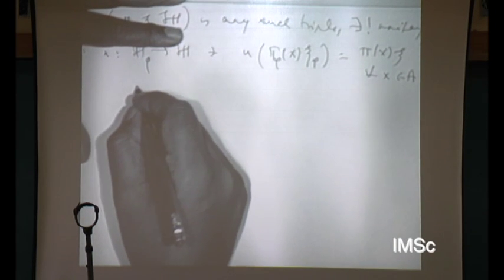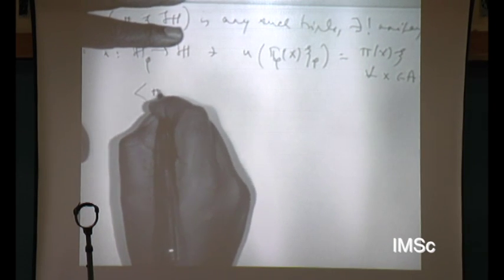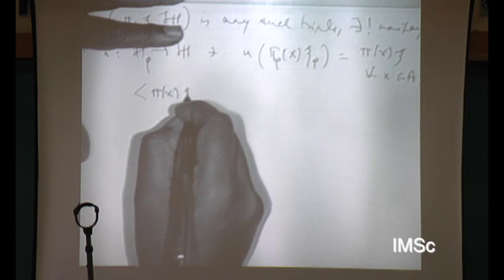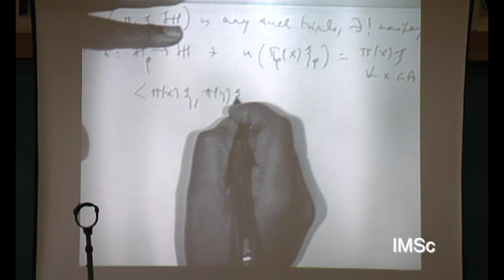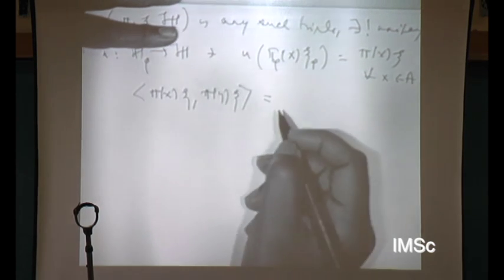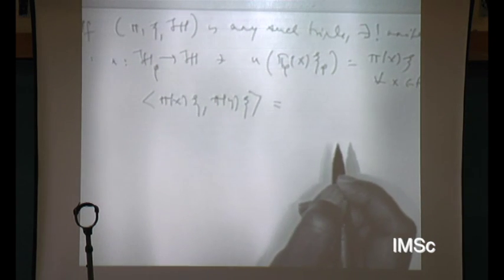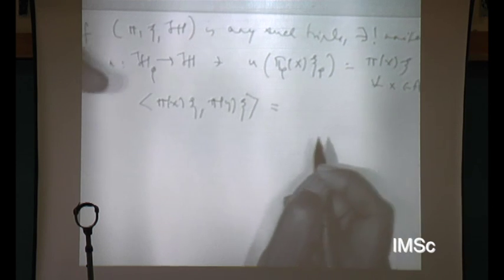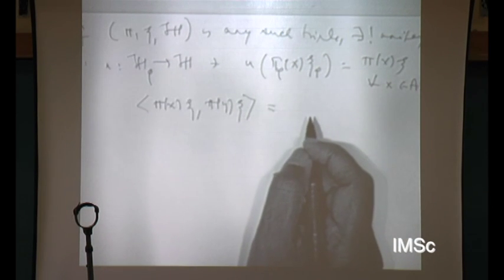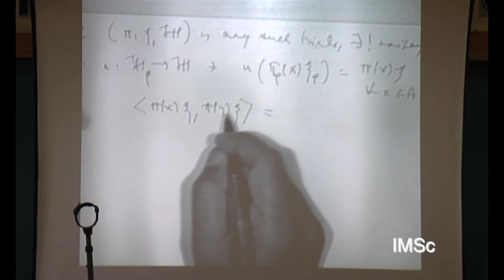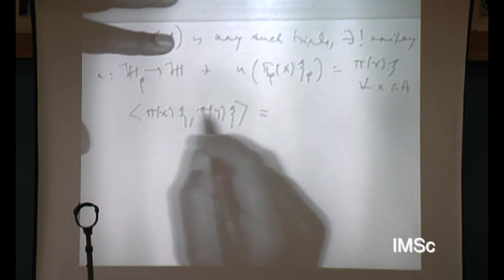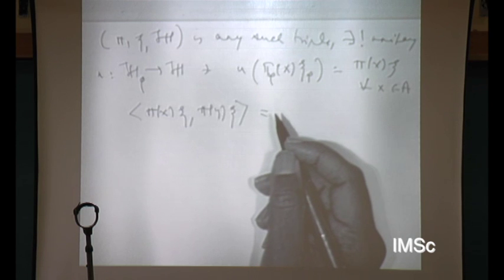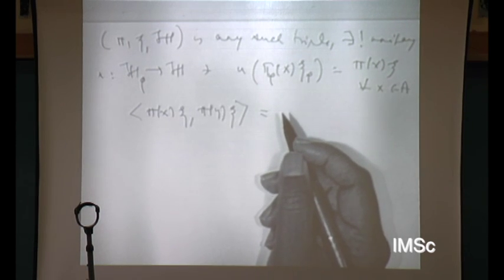Okay. So you just see what the inner product is. For example, what is pi x psi inner product pi y psi? Now pi is an adjoint preserving mapping, so I can pull that y over to the left side as a y star, and then I'll have pi of y star pi of x, which is pi of y star x, because pi is a homomorphism.